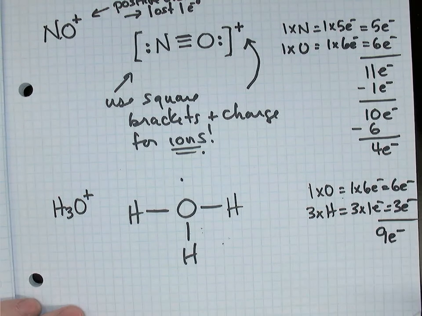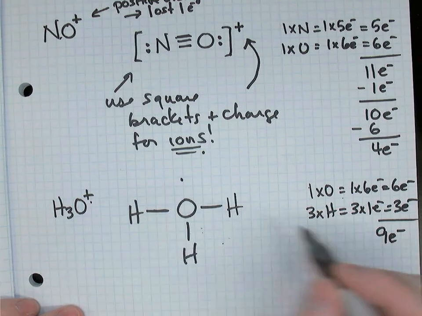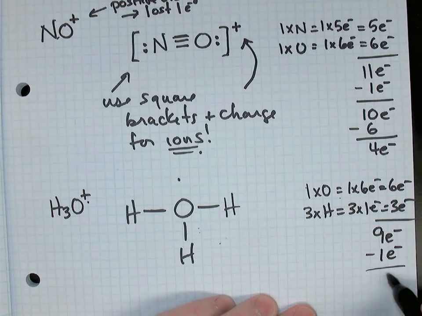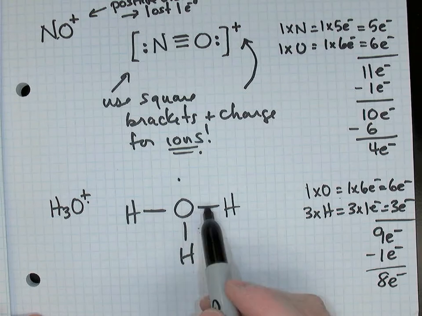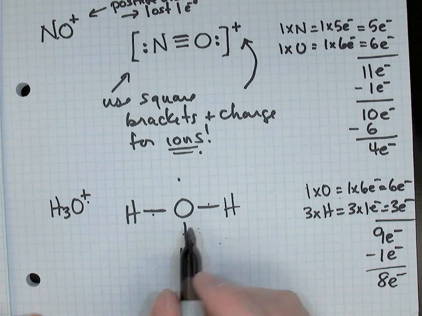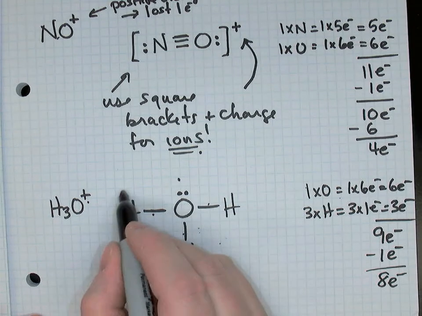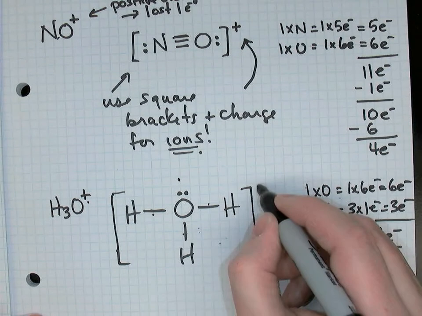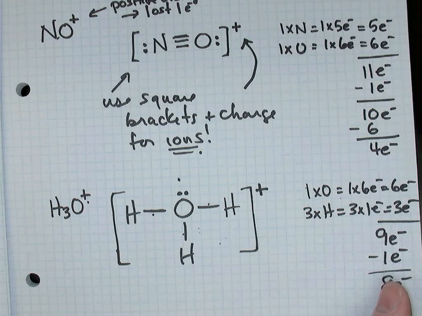But because of this positive charge on the hydronium, we'll take away 1 electron. And so we have 8 electrons left. We've already used 2, 4, 6 in the bonds, so we have 2 electrons to give oxygen its octet. Because it's an ion, we'll put it in square brackets, and we'll put its charge outside the brackets. There's the Lewis diagram for the hydronium ion.